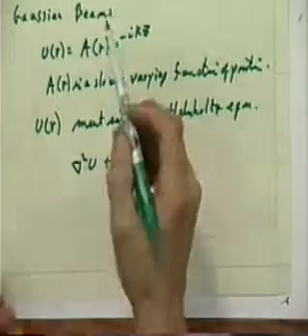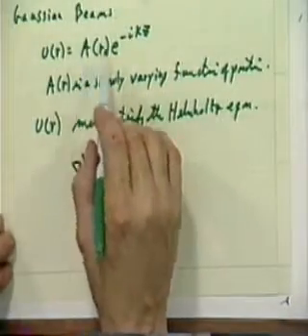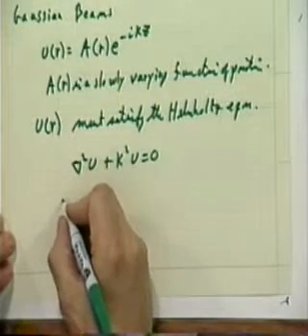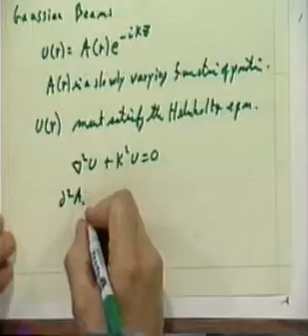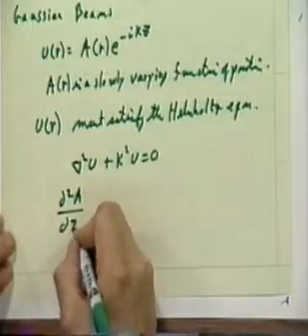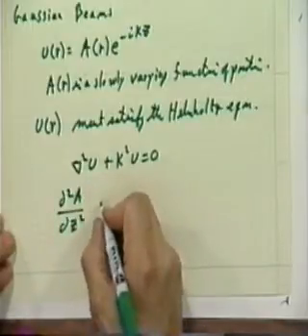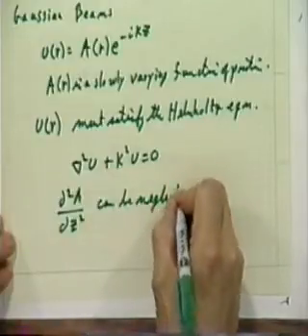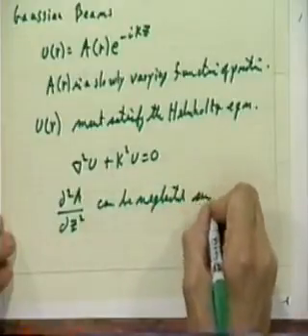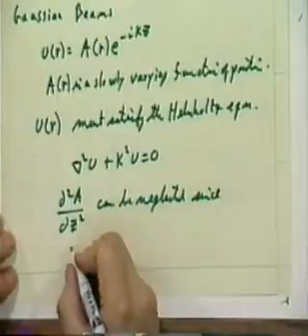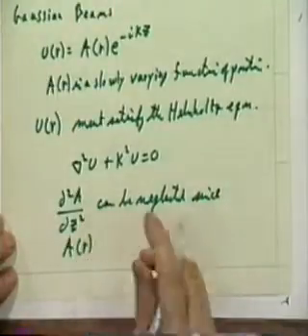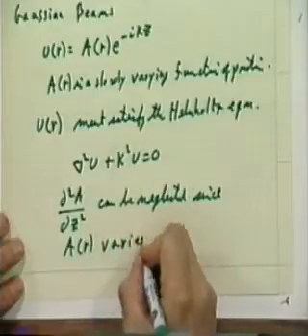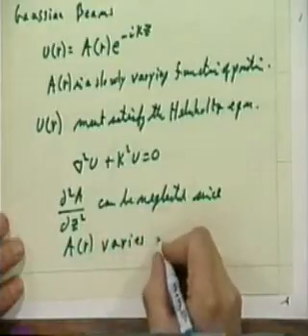And then the point that we're making here is that A of R is slowly varying. And so we can say that the second derivative of A with respect to Z can be neglected, since A of R varies slowly with respect to Z.